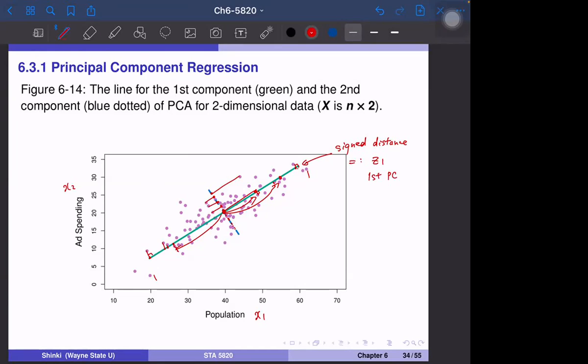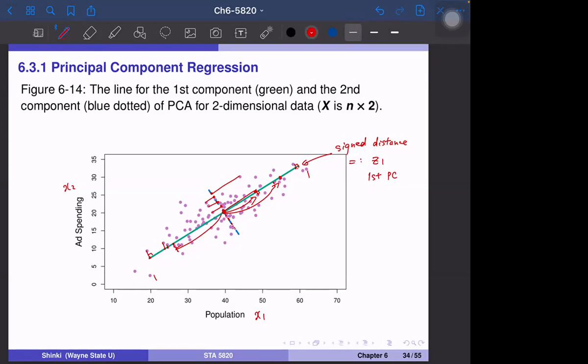In the case of multiple predictors X1 to Xp, the direction with the largest projected variance is called the first principal component, and the second principal component is orthogonal to the first component and has the largest variance given that condition.